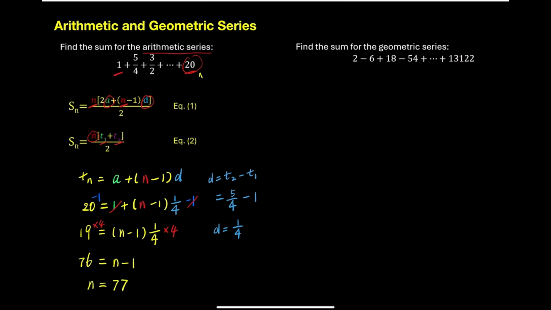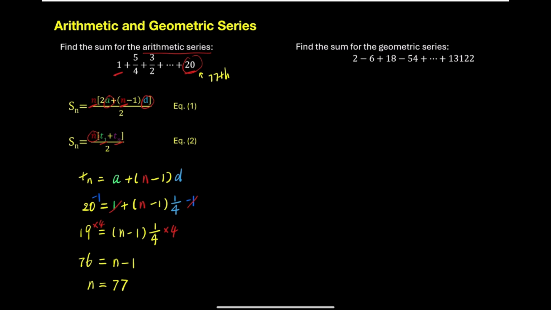So now we know that 20 is actually the 77th term, which means there are 77 terms in this series. Now that we know all the values, let's plug them into the second formula.